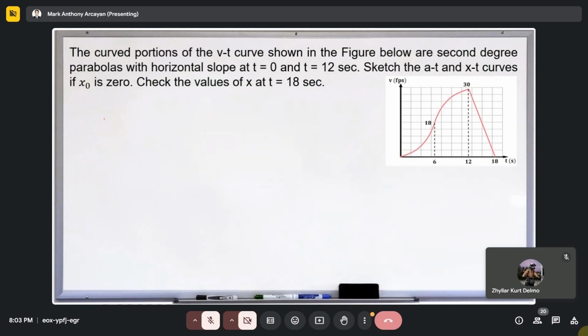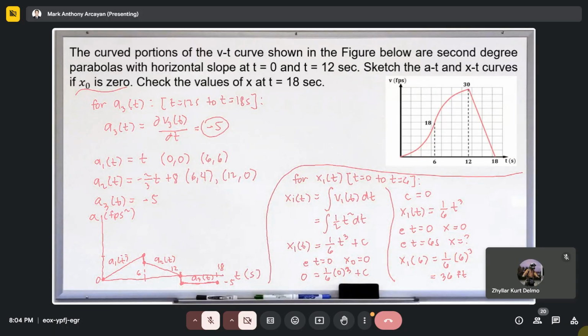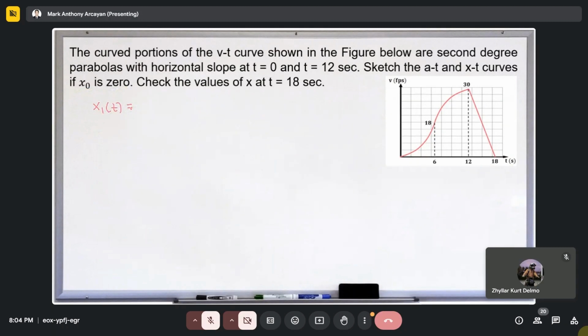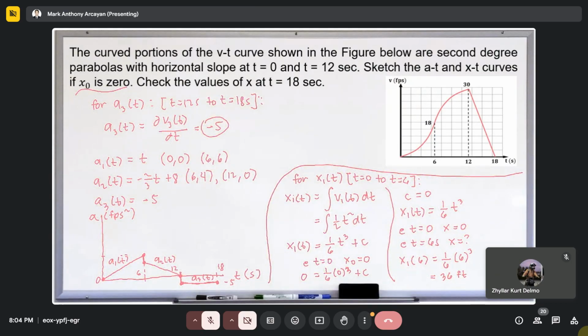We make a list again of the displacement functions, starting with x₁(t), which is 1/6 t³, so it's a cubic function. Then we list the important points. At t equals 0, the displacement is 0 based on the problem. Then at the terminal boundary, at t equals 6, the displacement is 36.